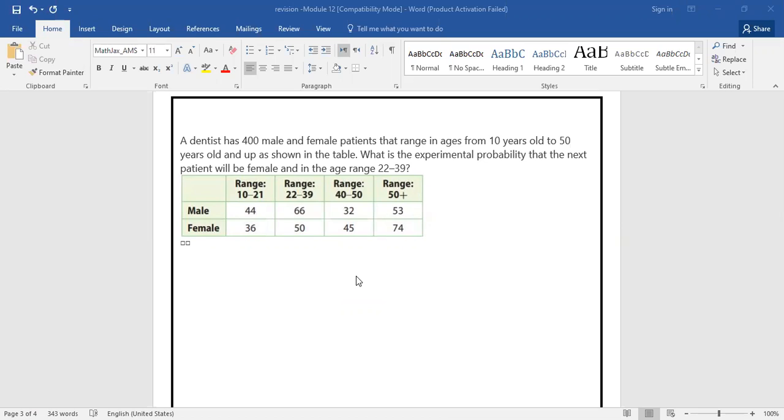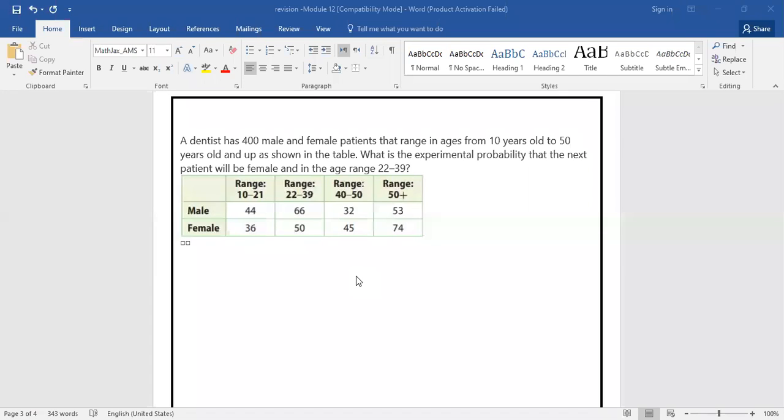A dentist has 400 male and female patients that range in age from 10 years old to 50 years old and up, as shown in the table. What is the experimental probability that the next patient will be female and in the age range 22 to 39? Let me ask a question now.